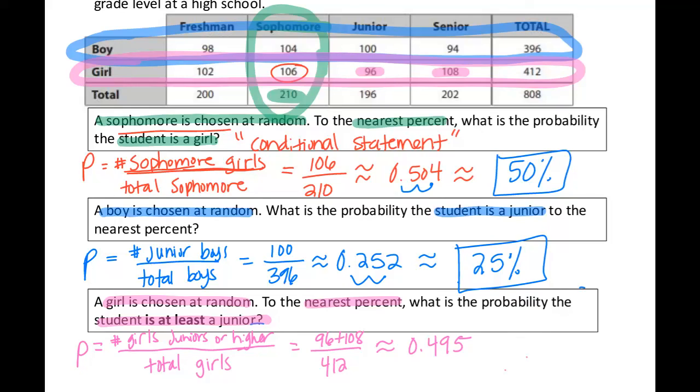Okay. This time, when you move the decimal twice, notice I have a 5 this time. That's 5 or more, so we have to round up this time. So this is approximately 50%. So approximately 50% of the girls are either juniors or seniors.